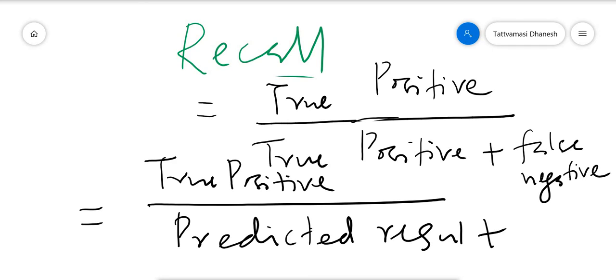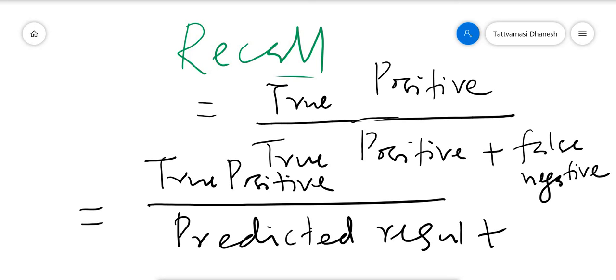But when we get into the details of precision and recall, you need to understand that if we want to find an optimal blend of precision and recall, we need to combine these two. The reason is, for a machine learning model, we always need a high value of precision and a high value of recall.